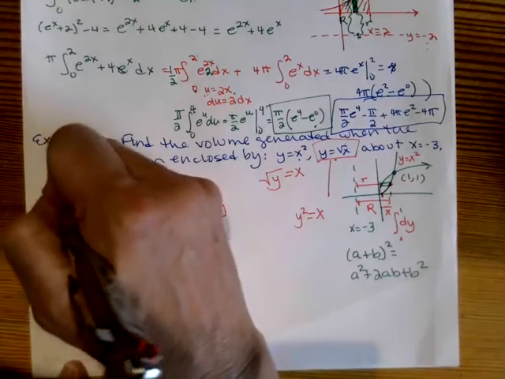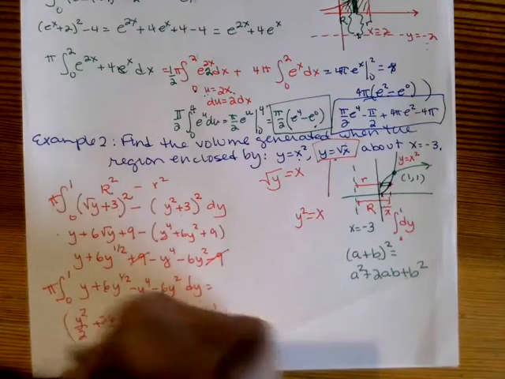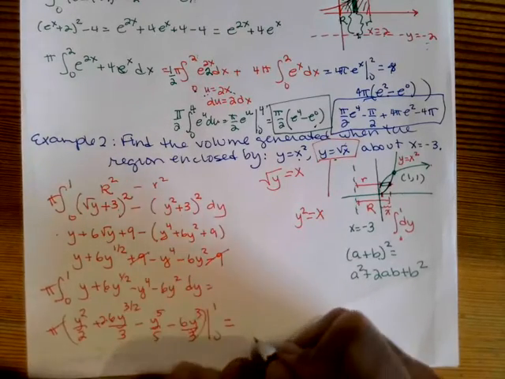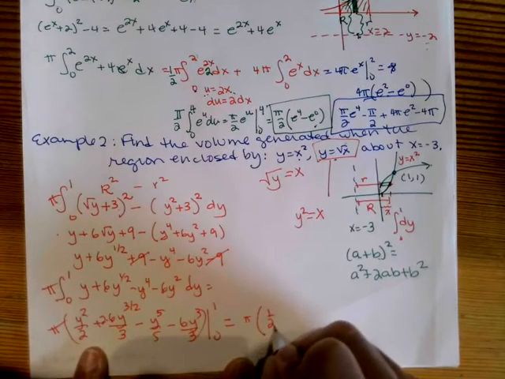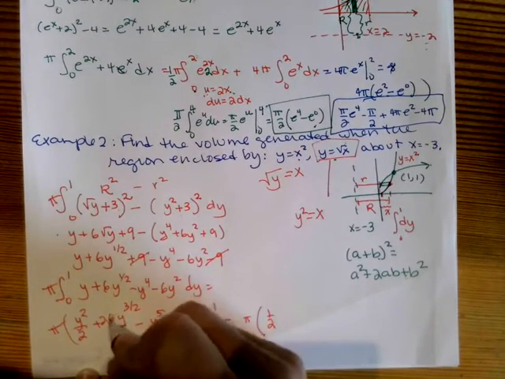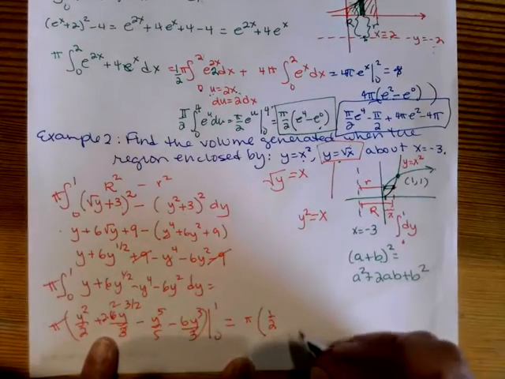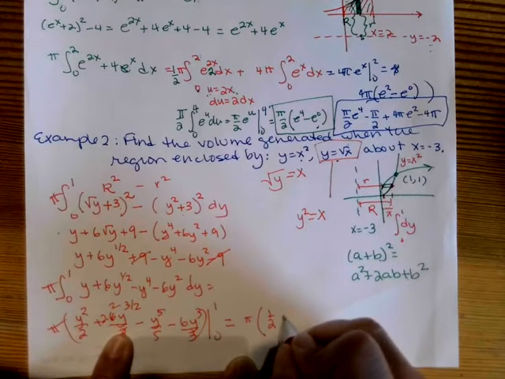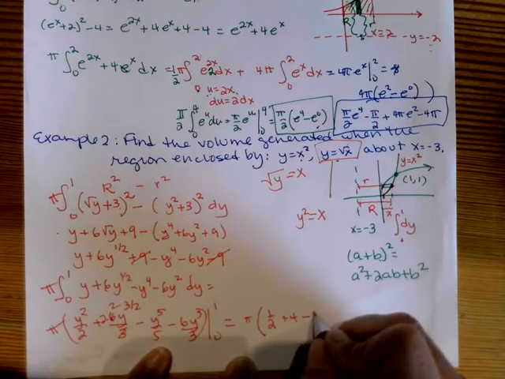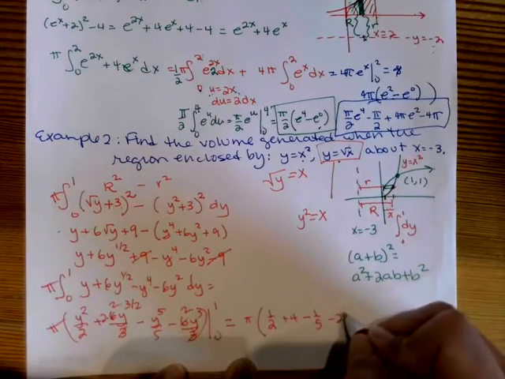Oh, and the pi, oh my gosh, you guys, pi. So I'm going to get pi times 1/2. The 1s are nice because 1 to the anything is still 1. So I've got 1/2 plus 4 minus 1/5 minus 2.